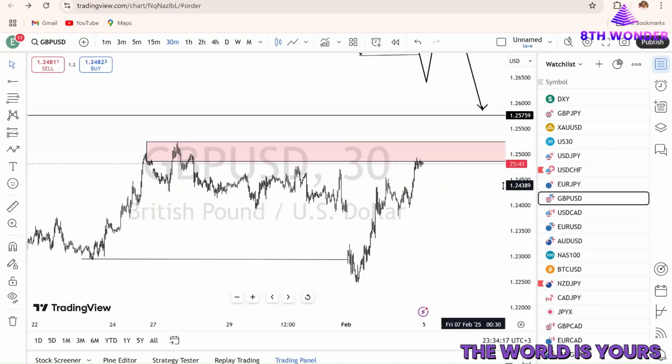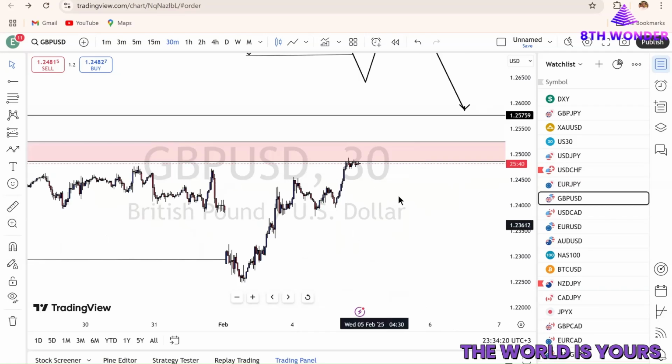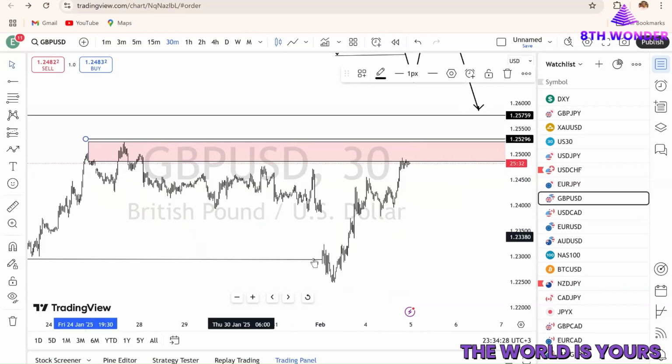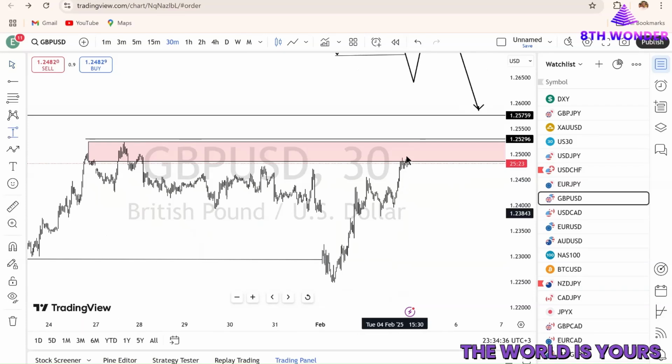Or you can just be an aggressive trader. If you have enough capital, you can wait for the price to enter the zone, take your sell without considering anything, and put your stop loss above the zone. This is for people who have good capital, because if you have maybe $20 or $30, you cannot manage this stop loss. For example, when you take your sells at that point, your stop loss has to be like 40 pips or 39 pips above.